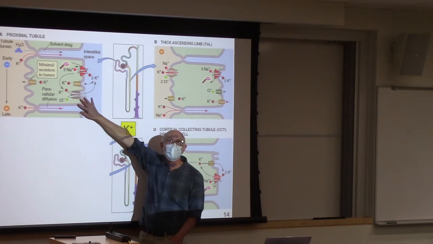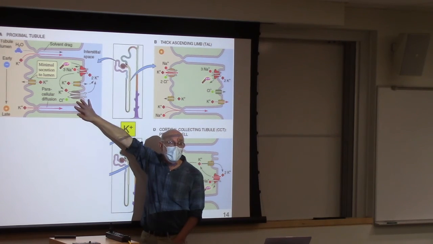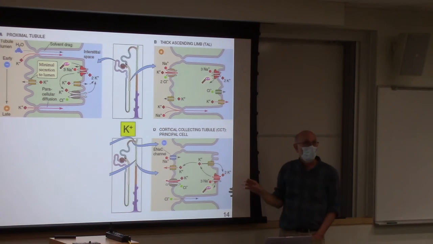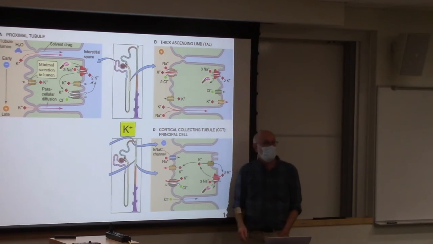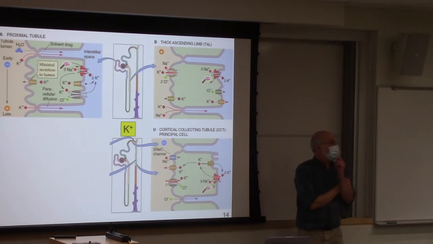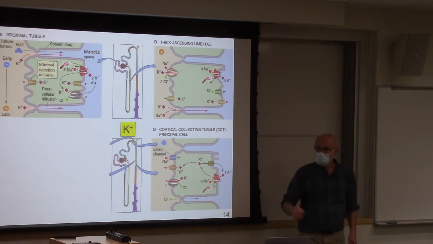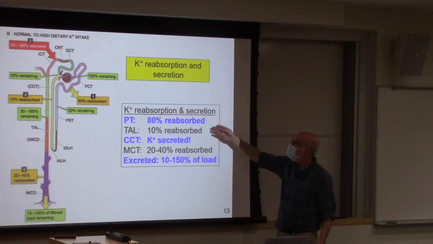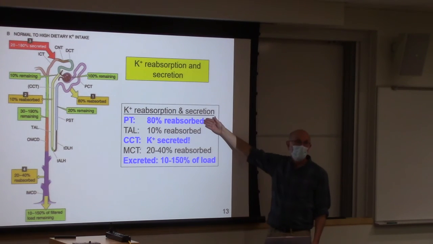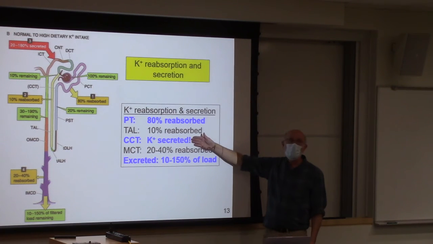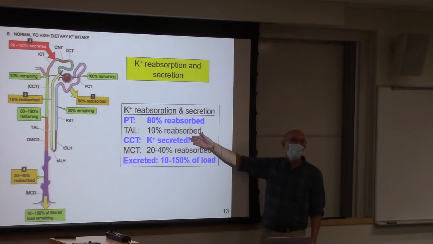The proximal tubule is important for reabsorbing potassium, and the collecting tubule is important for secreting potassium when necessary.